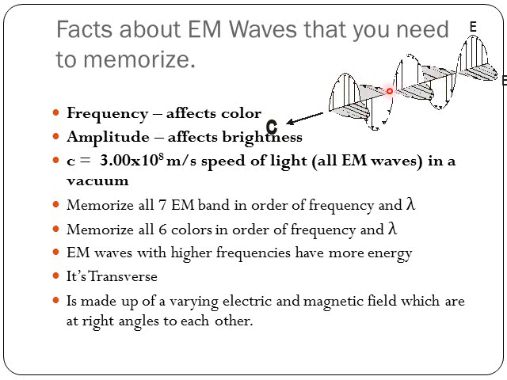So as the wave moves forward, the light beam goes forward, the electric field might be oscillating up and down, which is represented by this white part, but the magnetic field oscillates perpendicular to the electric field, so side to side. Both, though, are perpendicular to the direction the wave travels, and therefore light is a transverse wave.